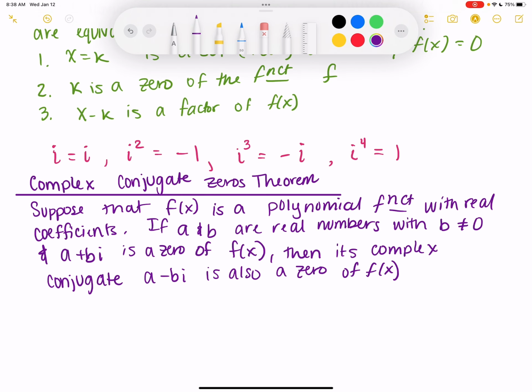Okay, so if you see one, that means that the other one is also a zero. It won't usually give you both listed.